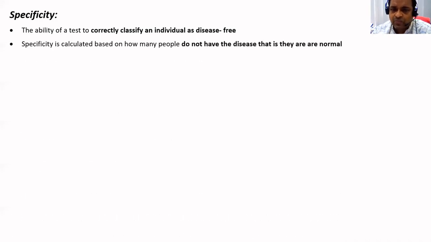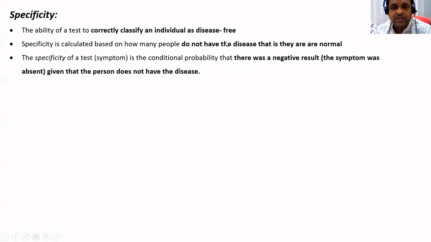As we defined, sensitivity is based on the number of patients suffering from the disease, and specificity is based on those who are not suffering from the disease, that is, they have a normal life, they are not sick, they have no disease. So specificity is based on somebody not suffering from the disease.